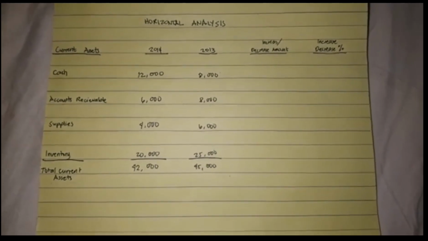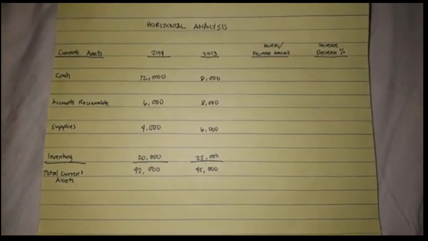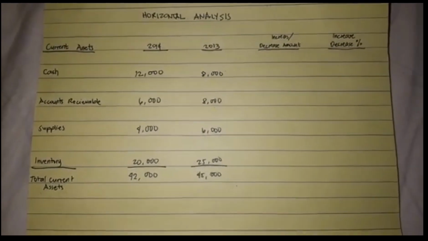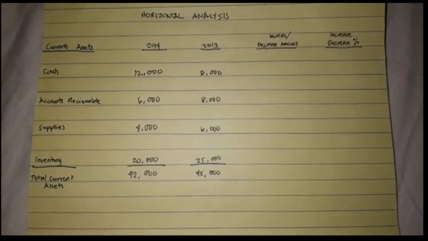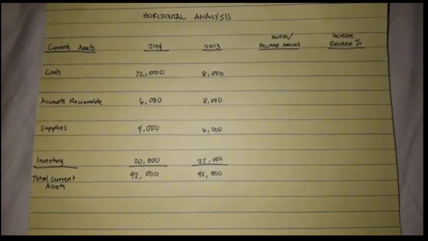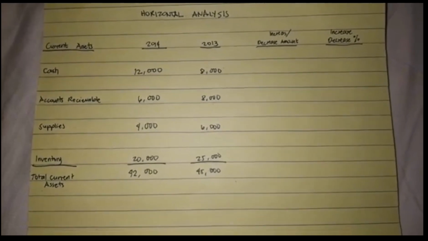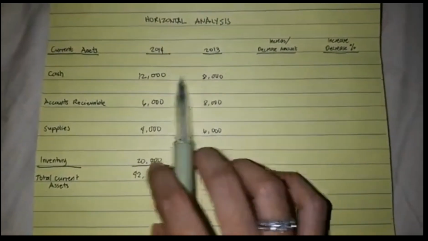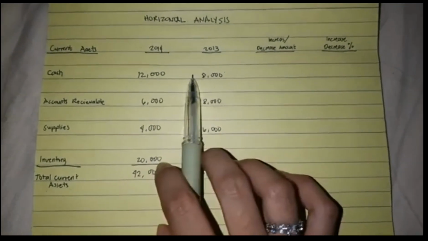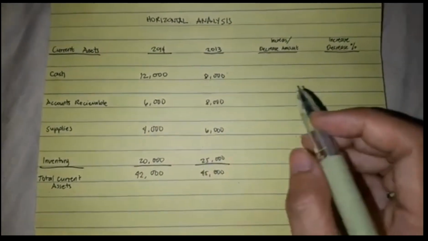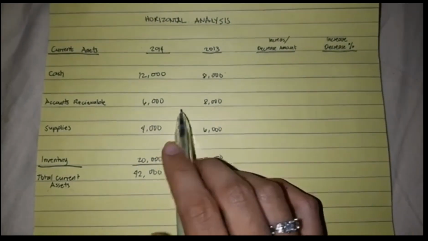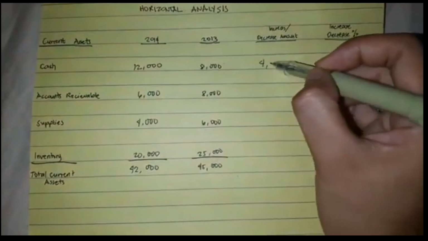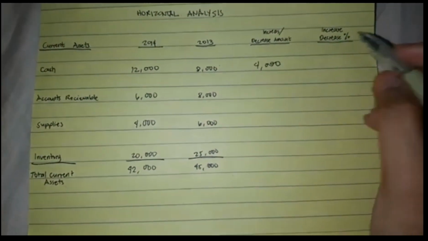So let's first compute the difference in each of the categories in the accounts that we have, and then we will figure out the percentage of increase and decrease, and I'll walk you through that. So if we look here, in 2013 we had a change from 8,000 to 12,000 in 2014, so we had a 4,000 increase.